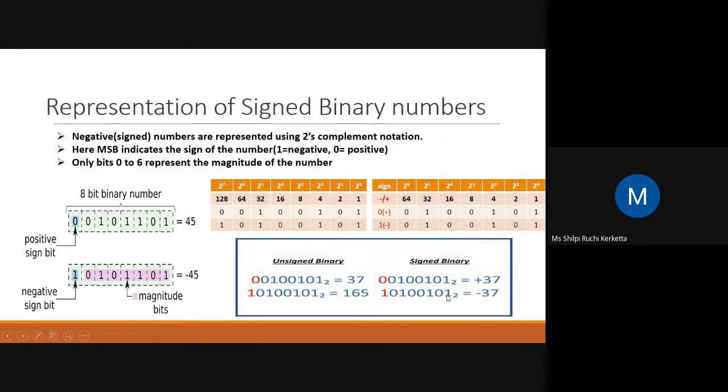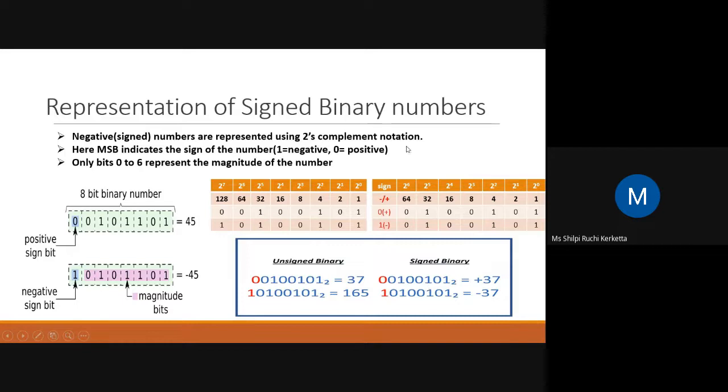All the other elements from 0 to 6 are the same. So this is actually 2's complement, where only the most significant bit changes and the others stay the same. That's why we use 2's complement.